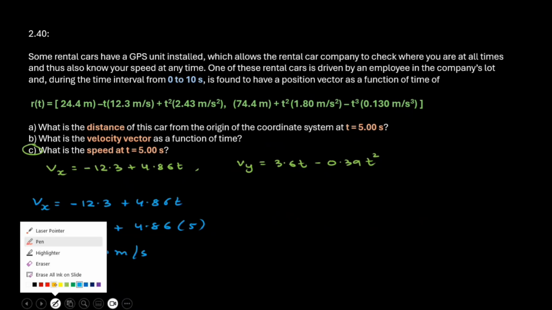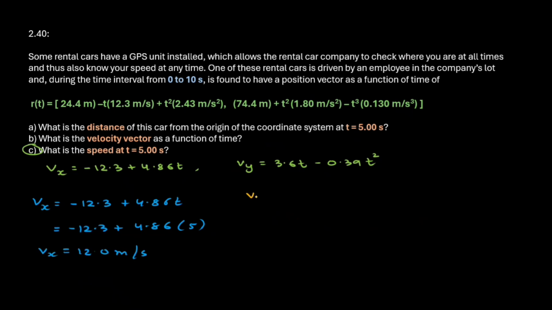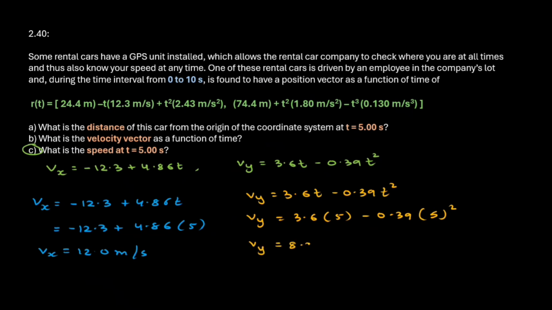Then we do the same thing to find the y component. Vy is 3.6t minus 0.39t squared. Substitute time t as 5. So 3.6 times 5 minus 0.39 times 5 squared. That will give you the y component of velocity as 8.25 meter per second.